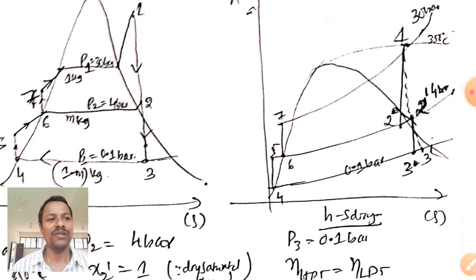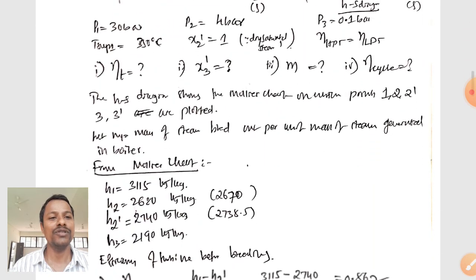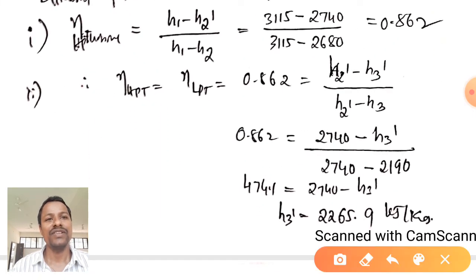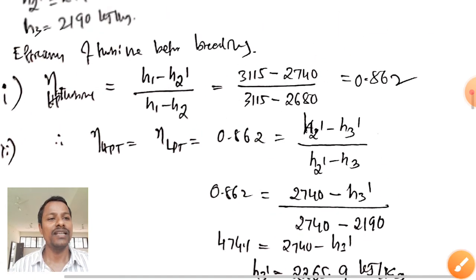For calculation of that, I will use the turbine efficiency equation, that is, the efficiency of turbine stage 1 is equal to the efficiency of turbine stage 2. Here we are using the given condition in the problem statement and equating it to the calculated value, that is 0.862, which can be written as a formula.